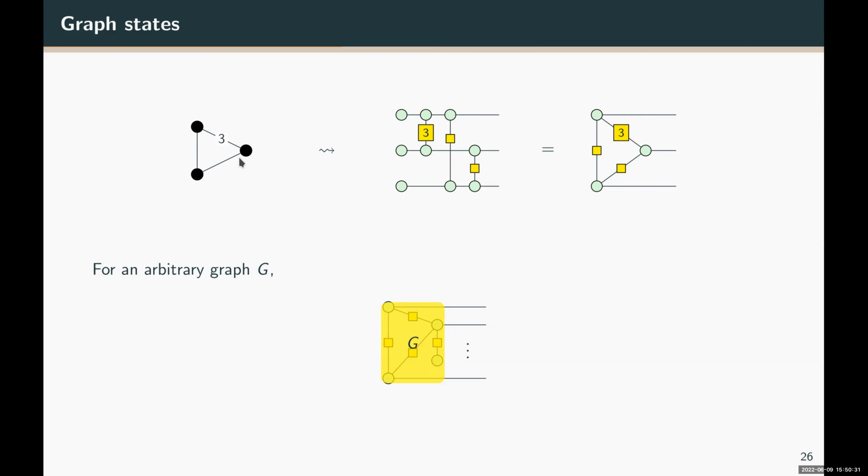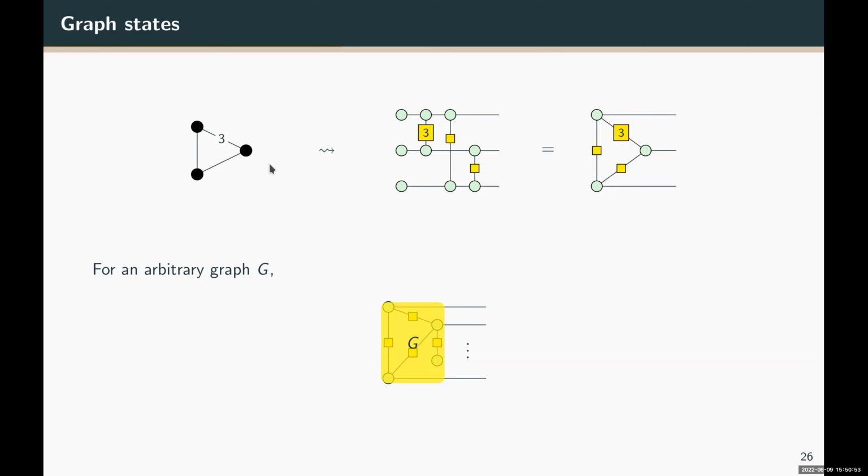That is, if you take some graph, you can construct a state which corresponds really just to viewing the vertices of this graph as red vertices, as green vertices in the calculus, and the edges as Hadamard edges weighted with the corresponding label of the edge.